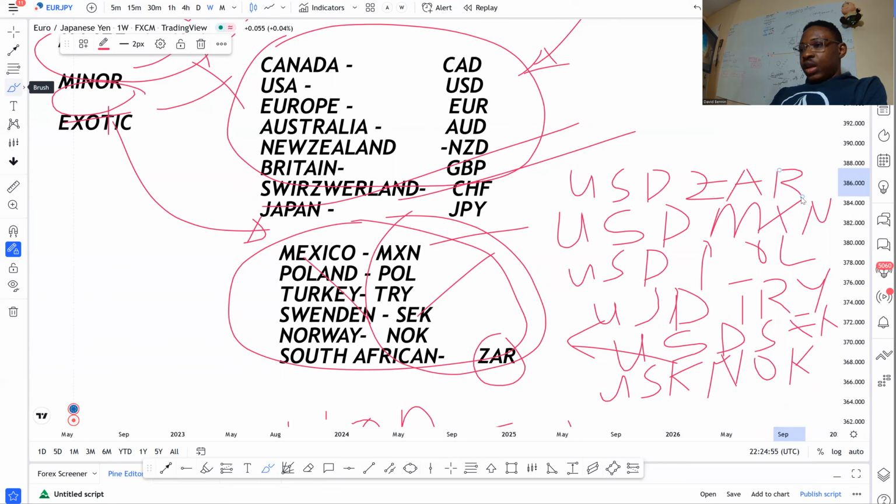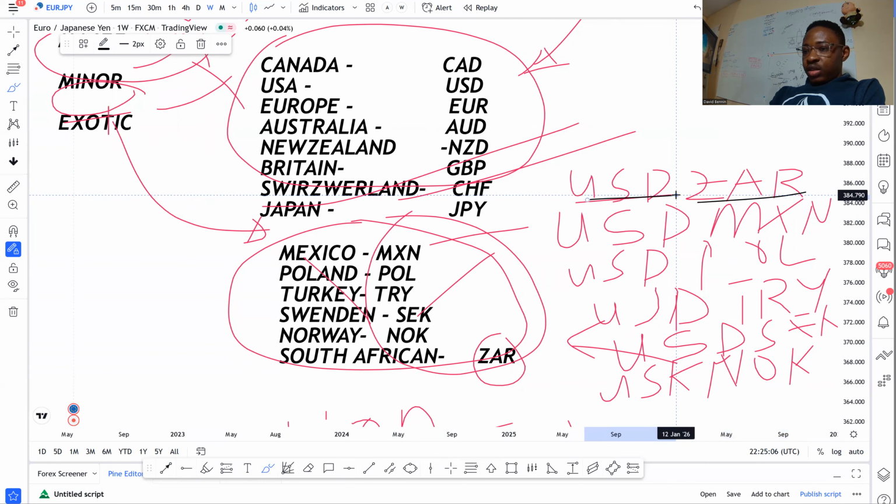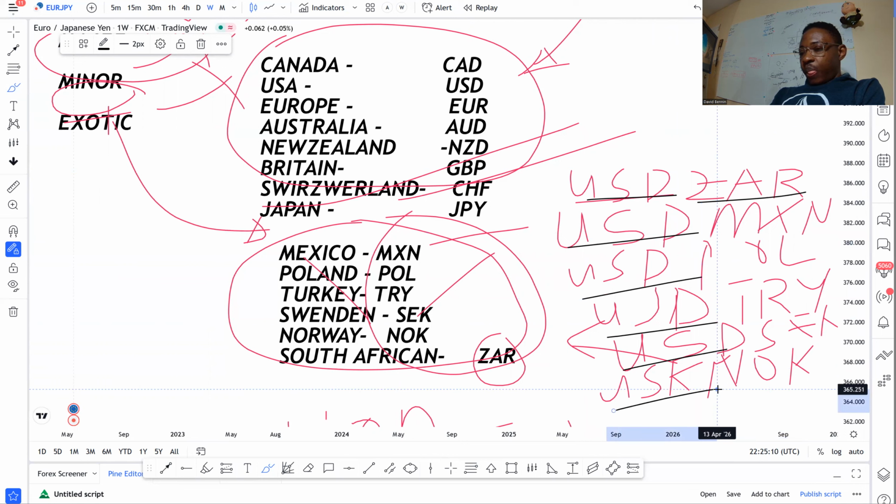So in all these currencies, the US dollar is the first currency and they are the second currency. The US dollar is always the first currency among these currencies. So what it means is that if the dollar is strong, or if the dollar is the team that is winning, all these currency pairs would push to the upside.